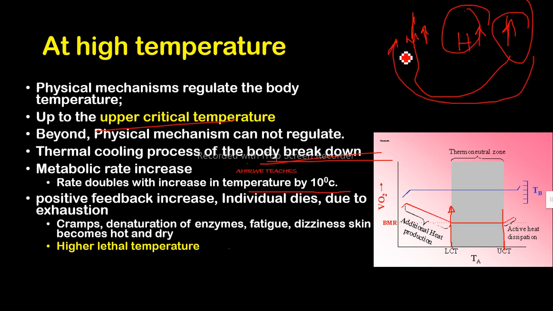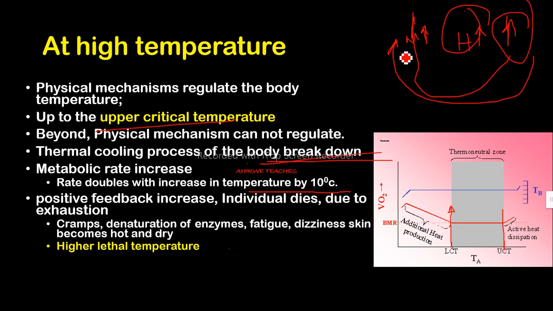So it's a positive feedback. It's a disturbance. The temperature is going to increase up to a certain point where there will be breakdown, and the individual is going to die.